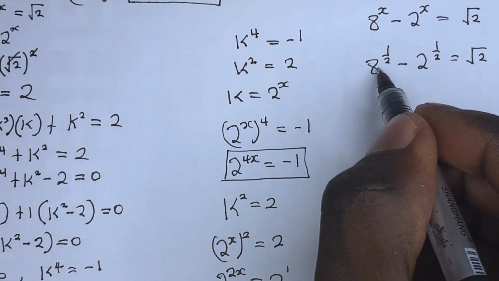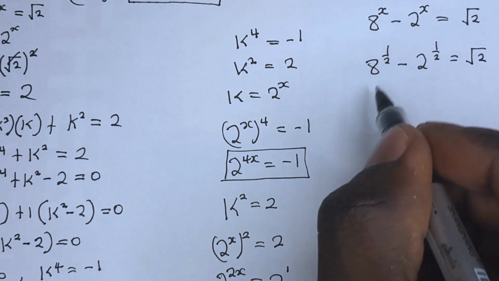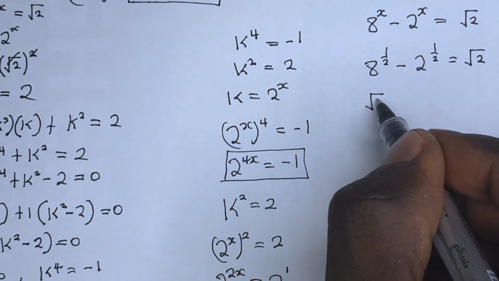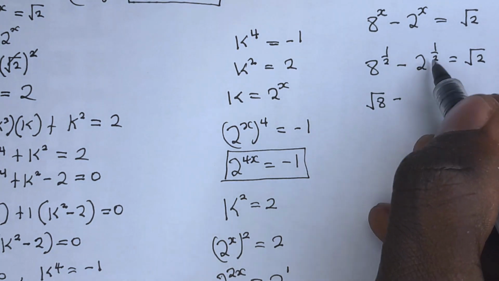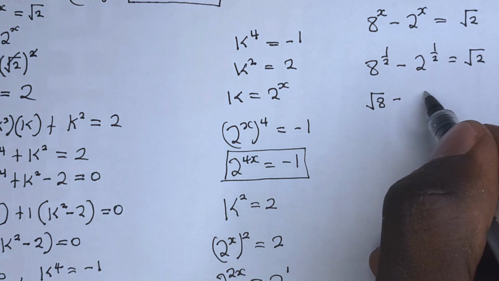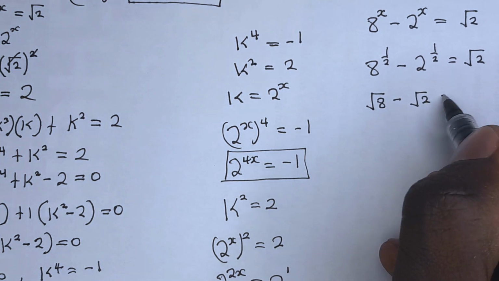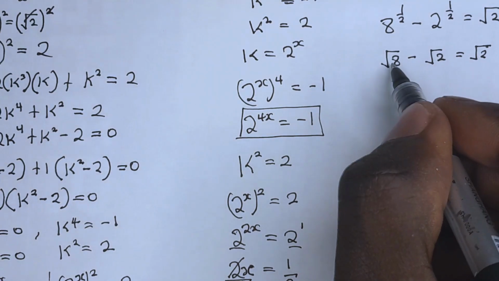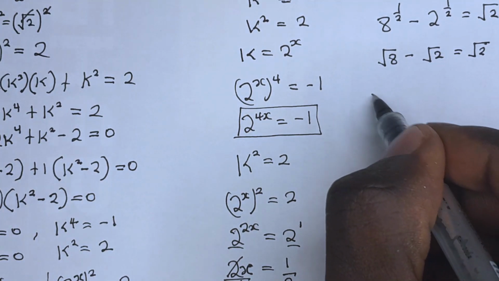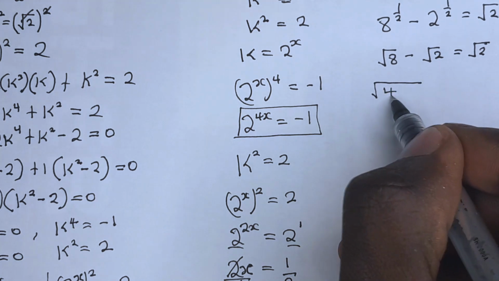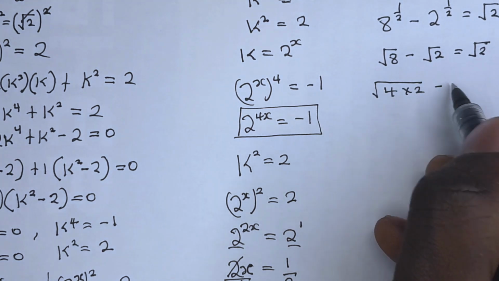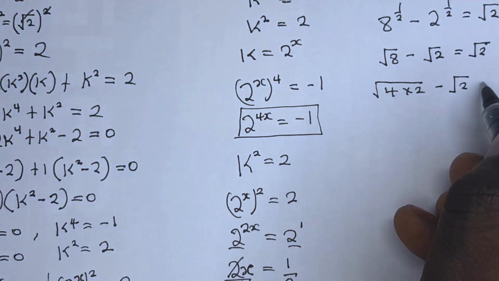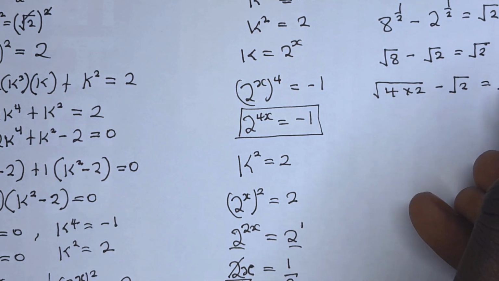And then 8 to the power of 1 over 2 is the same thing as square root of 8, minus 2 to the power of half, which is the same thing as square root of 2, which is equal to square root of 2. And square root of 8 can be written as square root of 4 times 2 minus square root of 2, which is equal to square root of 2.